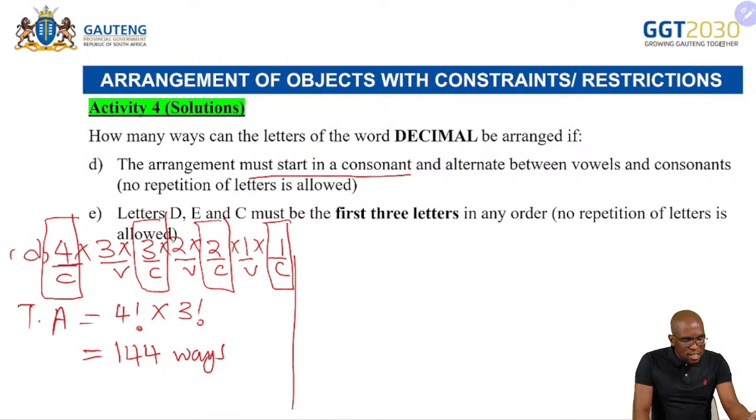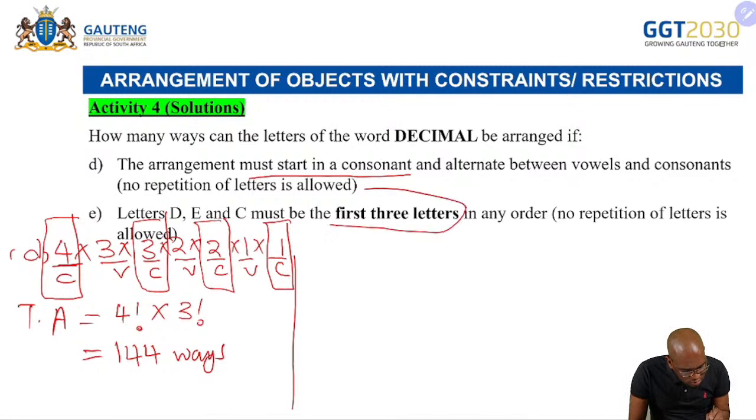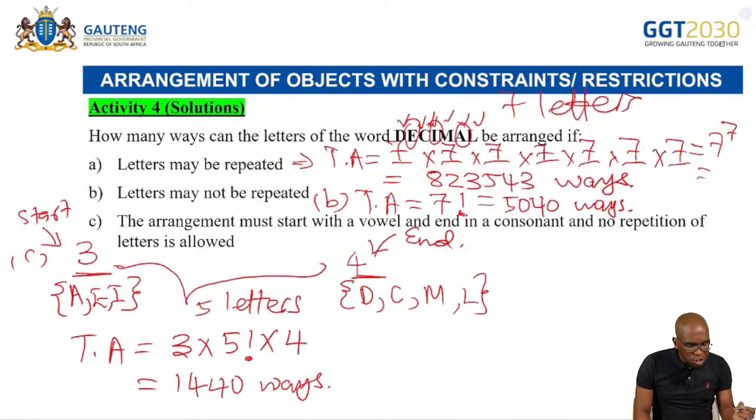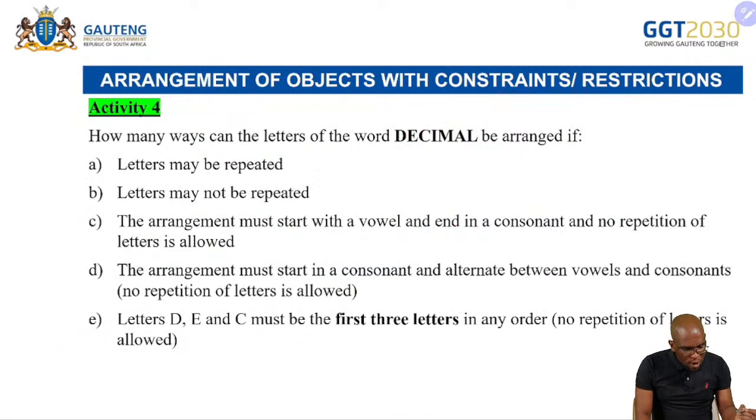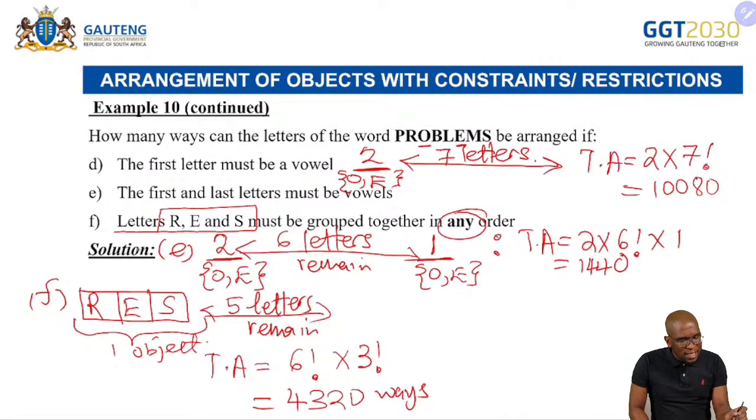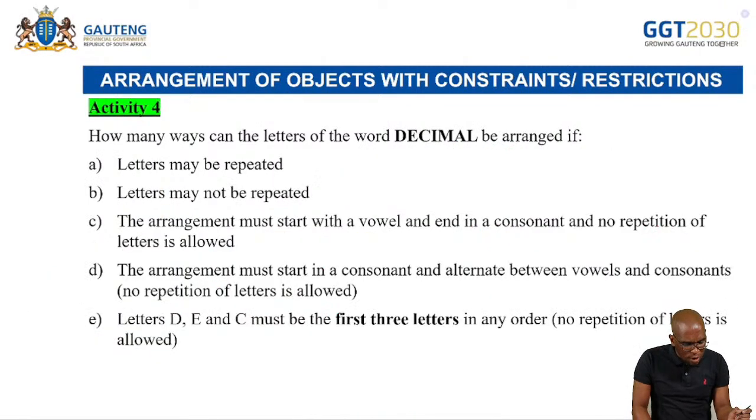Now, letters D, E, and C must be the first 3 letters. Now, this is very, very important. Must be the first 3 letters. If you check, we've worked with one here which said letters R, E, and S must be grouped together in any order. It's different from the one that we are working with now.